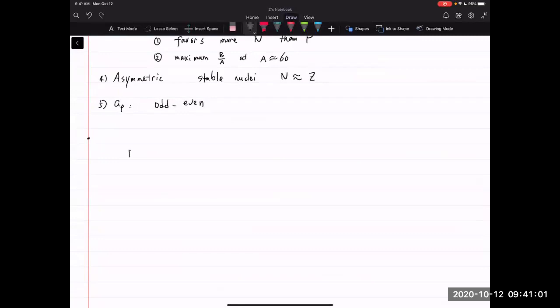Binding energy B as a function of A and Z is equal to Z number of hydrogen atoms or protons plus N number of neutrons, and then take away the mass of this AZ element, and then times c squared.